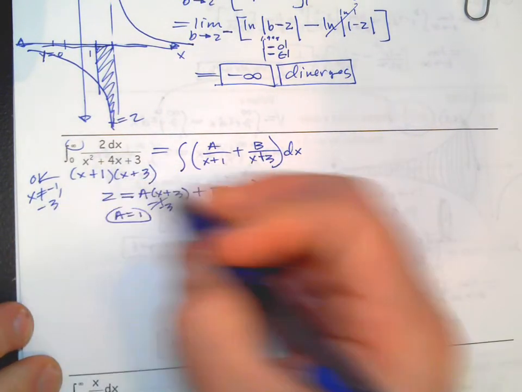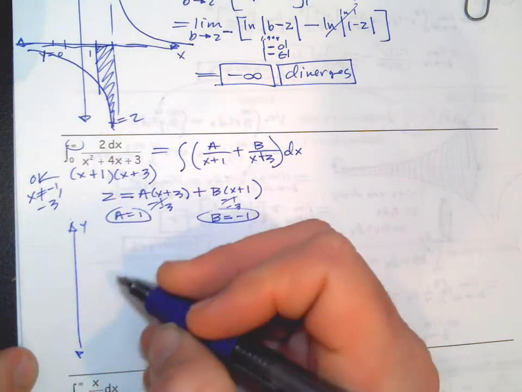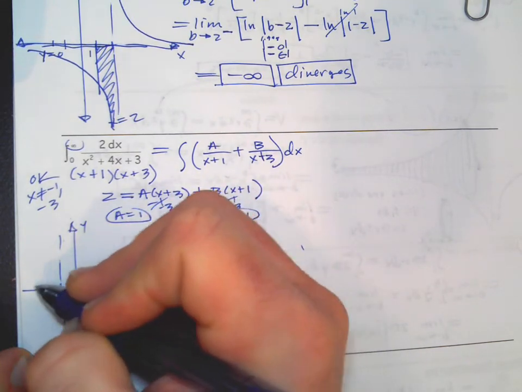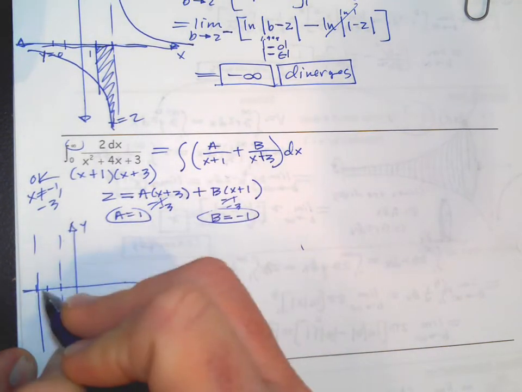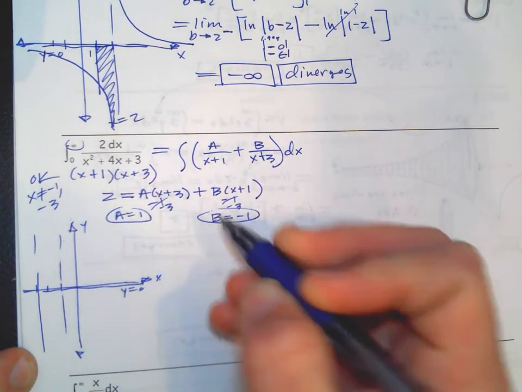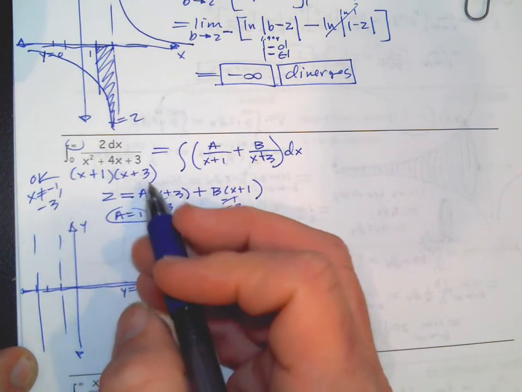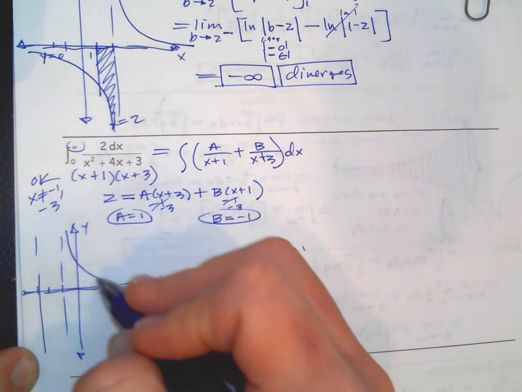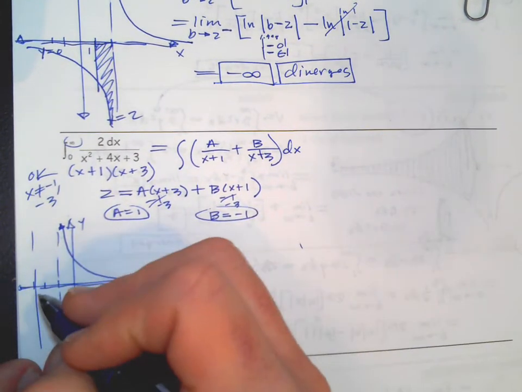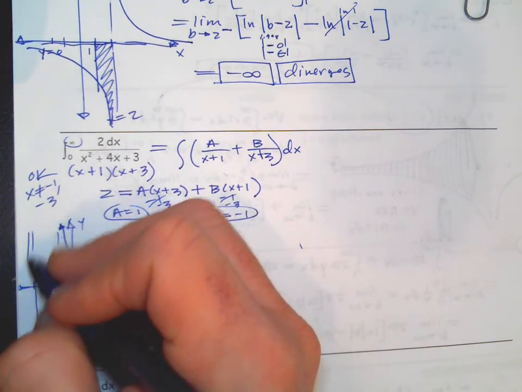So we're going to rewrite it. Now this graph, by the way, if you want to sketch it, has a vertical asymptote at negative 1 and negative 3. So horizontal asymptote y equals 0. So if you plug something in bigger than 3, it's going to be positive. So it's going to look like this. Over here, if you plug in something less than negative 3, it's going to end up positive also.